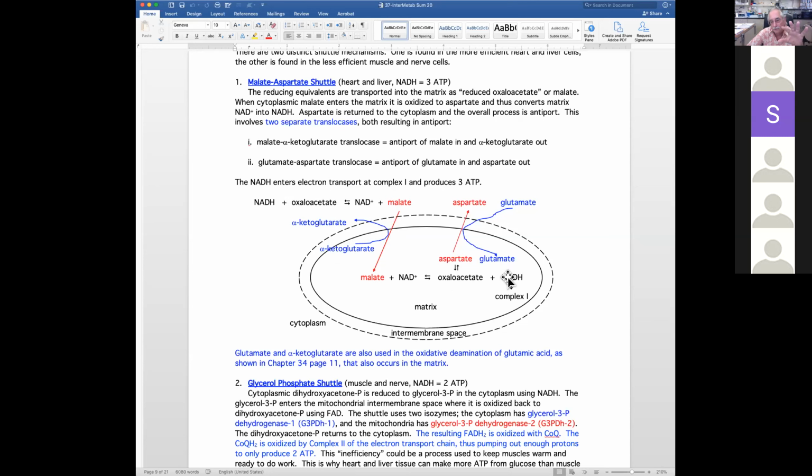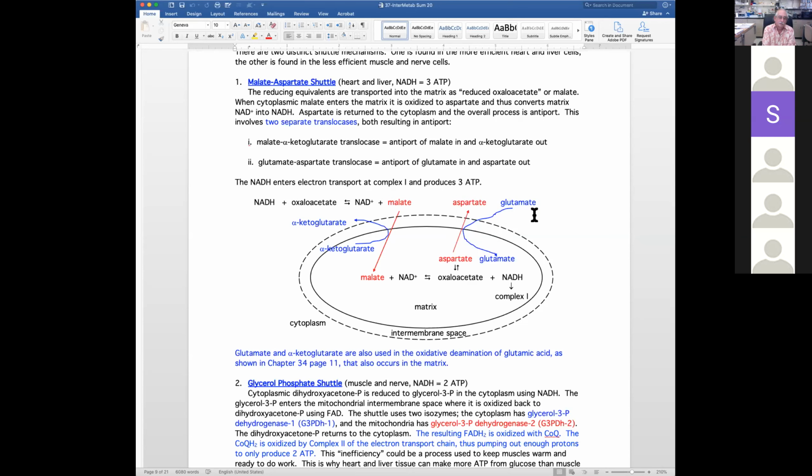But now, to complete this cycle, oxaloacetate is converted into aspartate, and then aspartate can go out in an antiport with glutamate. You've seen the role of glutamate in a couple of different things besides being a neurotransmitter.